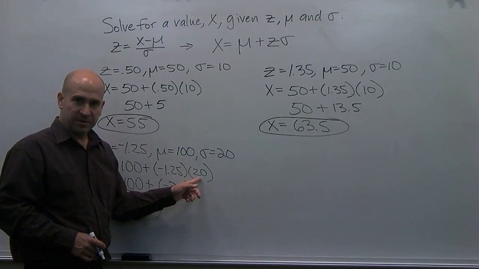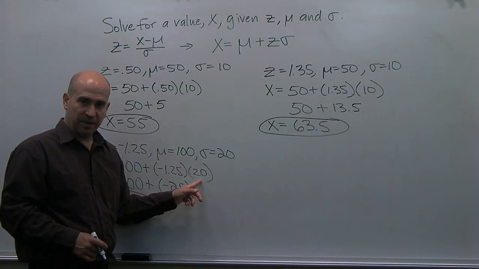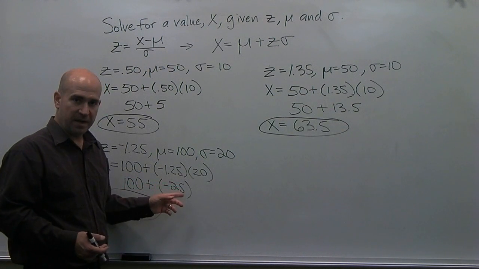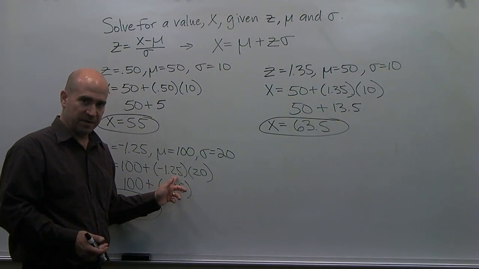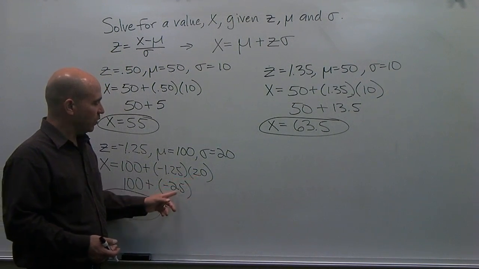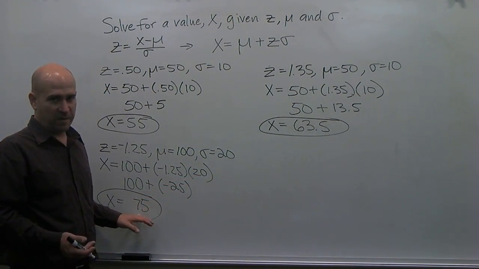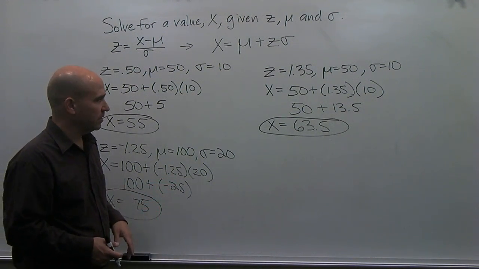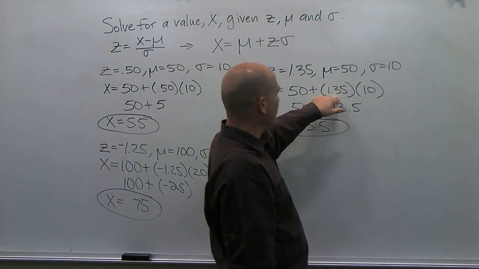Well, if the standard deviation is 20 points, then it would be 1 of those below the mean, and it would be 80. 20 below 100 is 80. But in this case, it's 1.25 standard deviations below the mean, so it's actually 25 points below the mean, or 75. Once again, that one's a little more complicated because it's not a nice even number to work with.